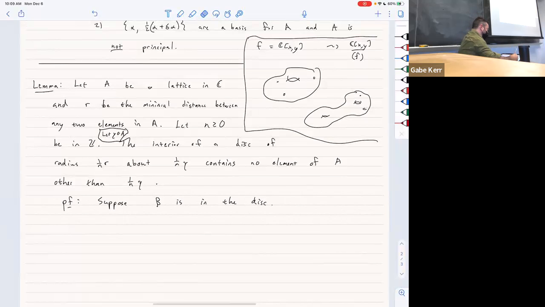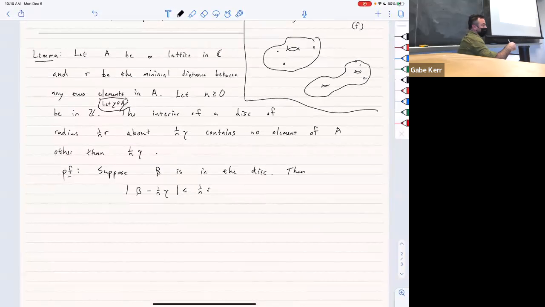It means that if I take the difference of beta and the center, I'm putting absolute value around it, but you think of this as the norm. Distance means the norm is the square root of this times its conjugate. This is less than 1 over n times r. That's what it means to be in the disk.